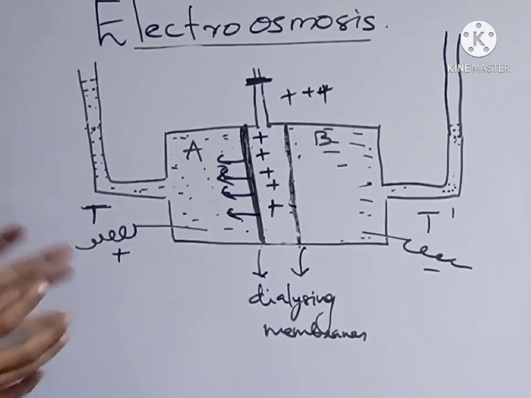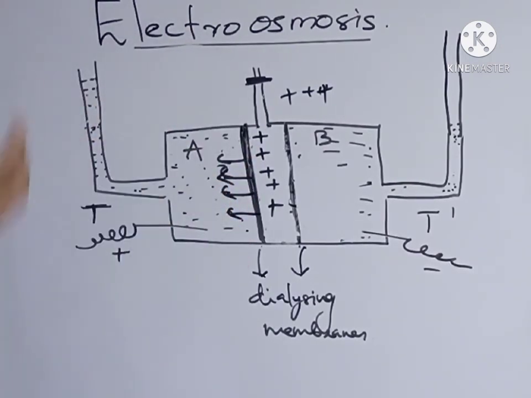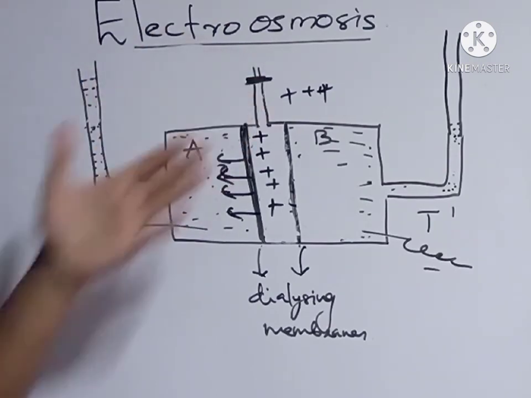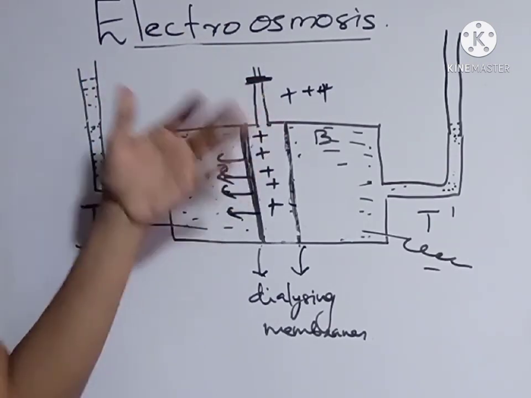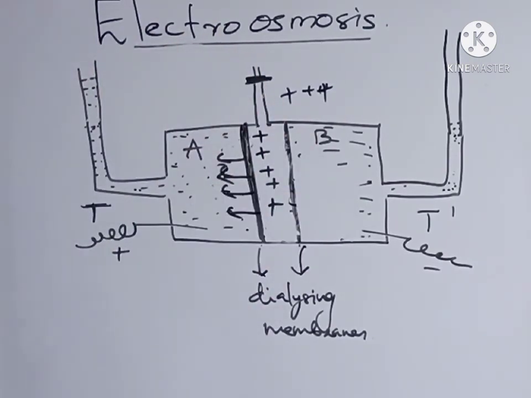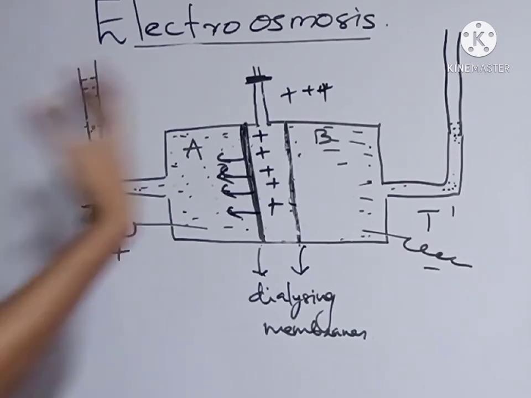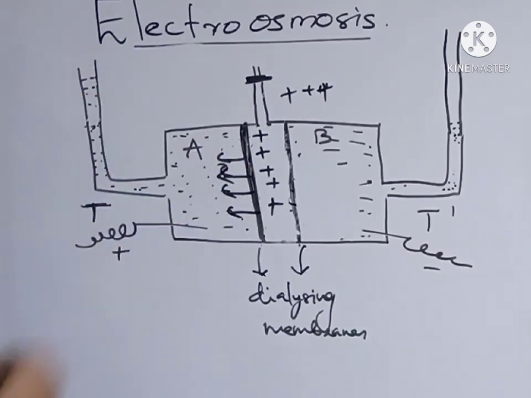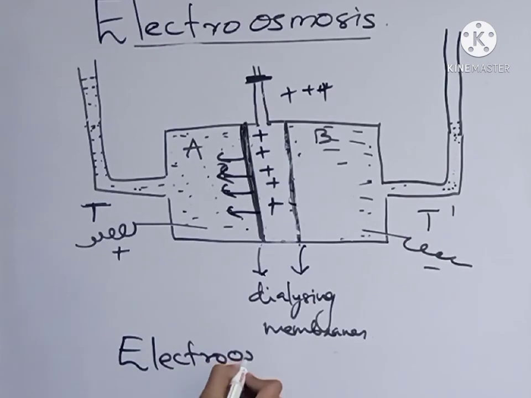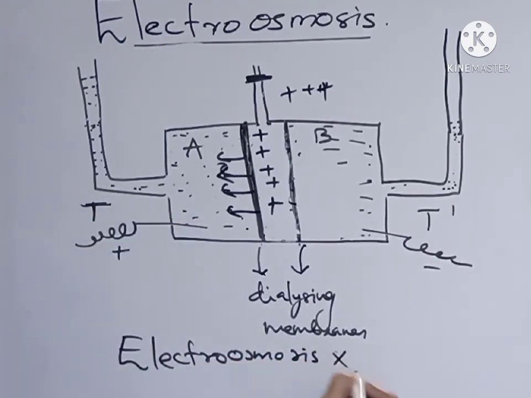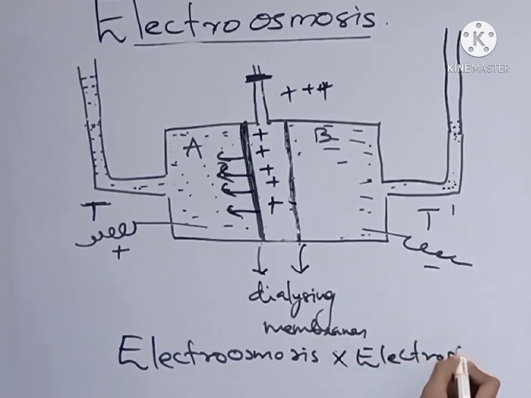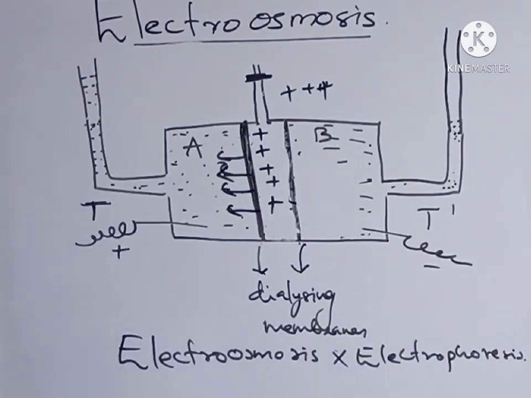So this is how electroosmosis helps us to identify the nature of the colloid. From this information we can say electroosmosis is the reverse process of electrophoresis.